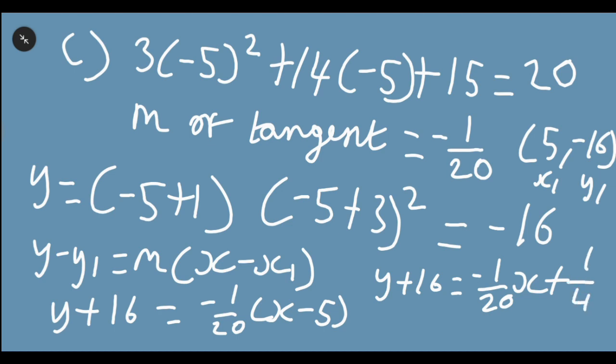We simply have to bring the 16 to the other side so that it becomes y equals mx plus c. Therefore, y would equal to minus 1 over 20 x minus, because it's going to be negative since we do 1 over 4 minus 16, and this would equal to minus 63 over 4.